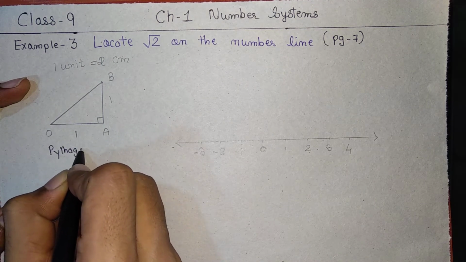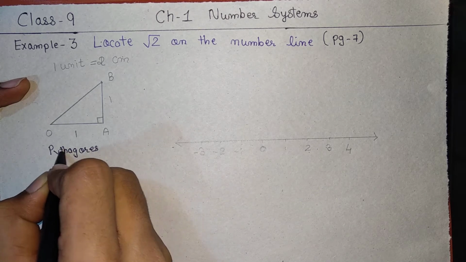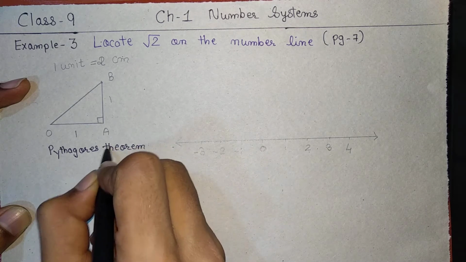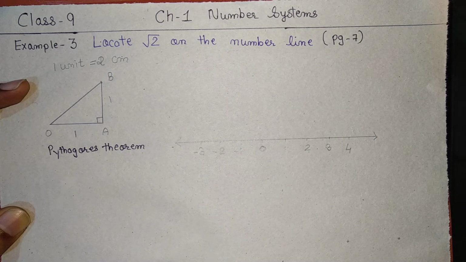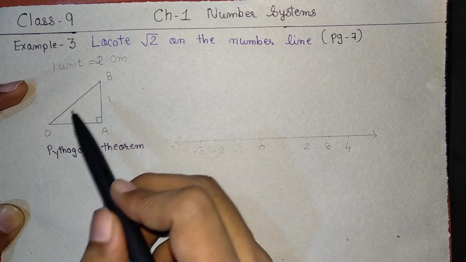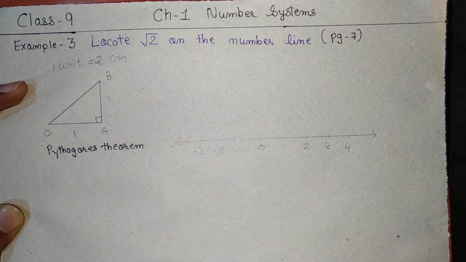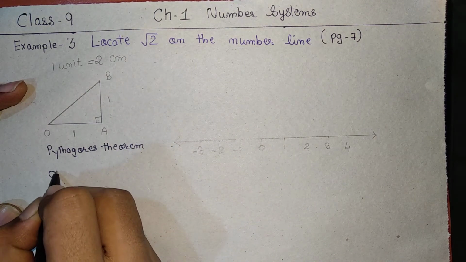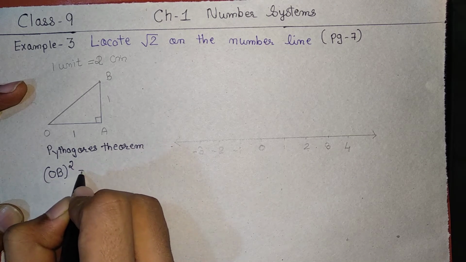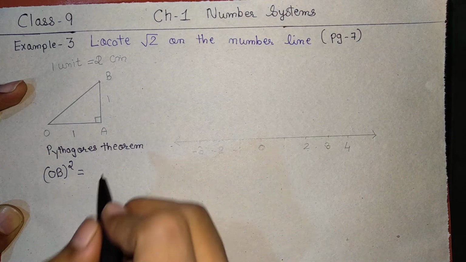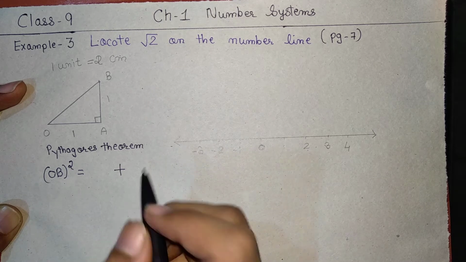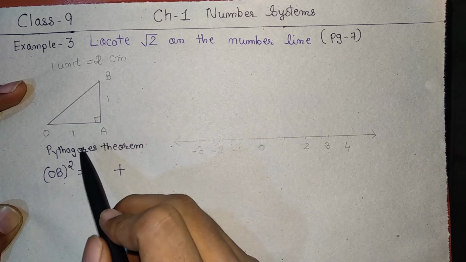Now, what does the Pythagoras theorem say? It says that the square of the longest side, and as you can see clearly, OB is the longest side, is equal to the summation of squares of the other two sides.